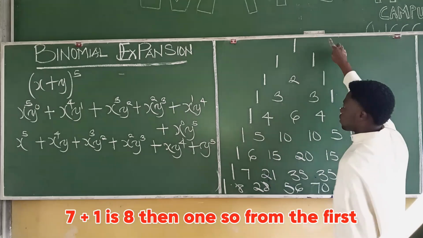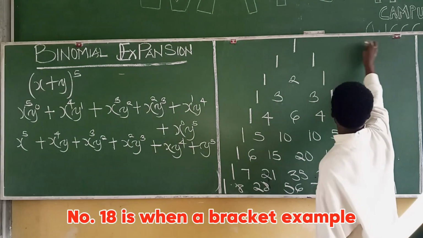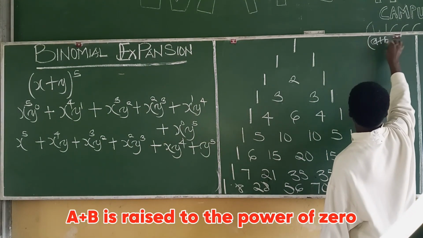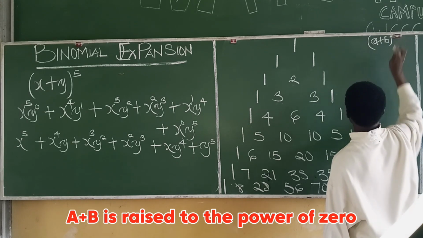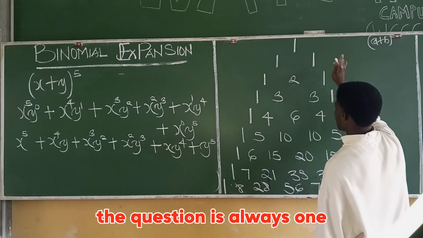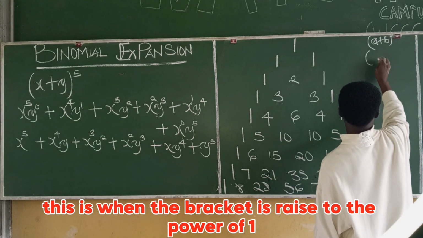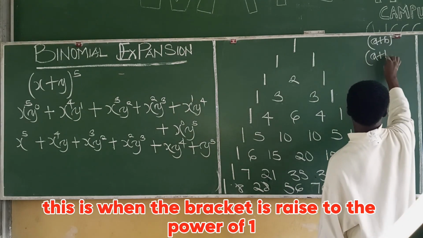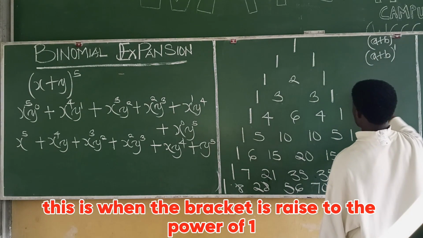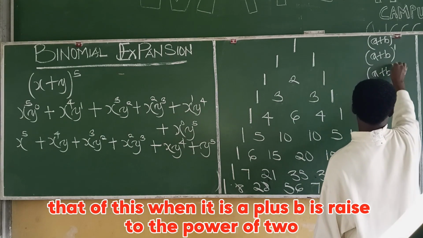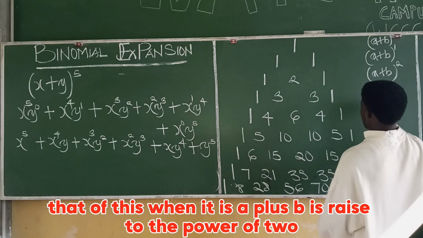So the first number written is when the bracket, for example (a + b), is raised to the power of 0. The coefficient is always 1. The next line is when the bracket is (a + b) raised to the power of 1. That of this is when it is (a + b) to the power of 2.